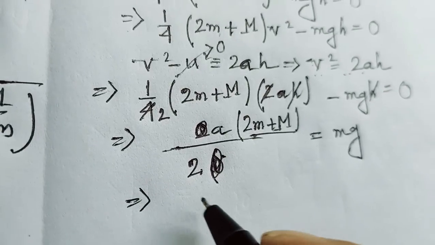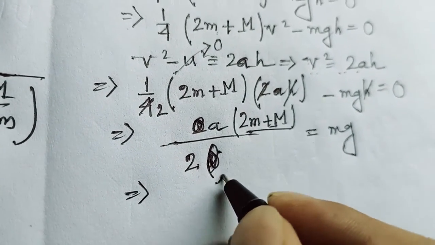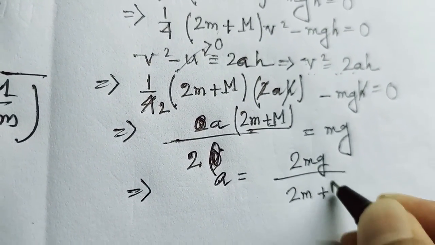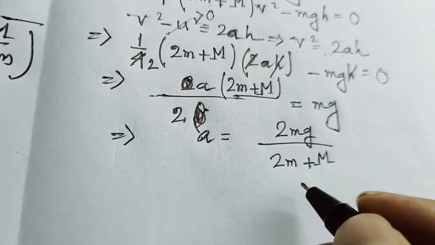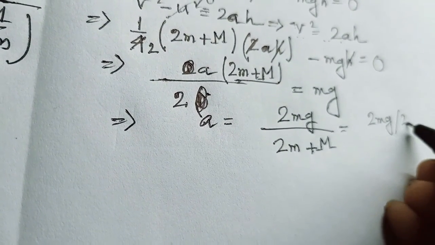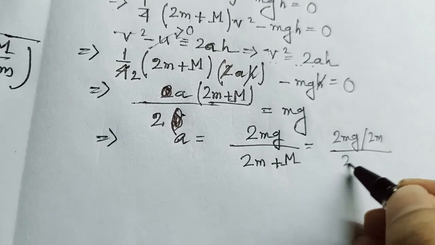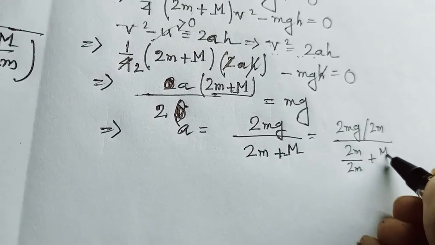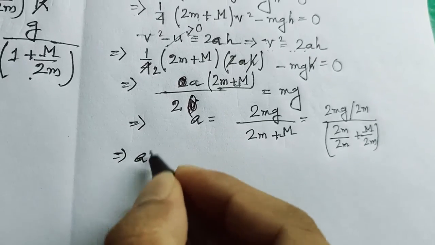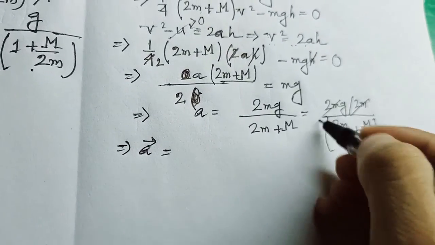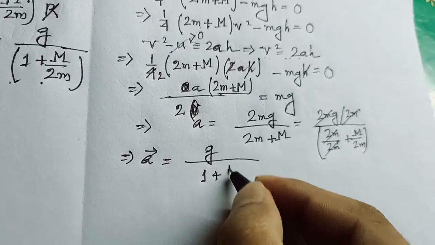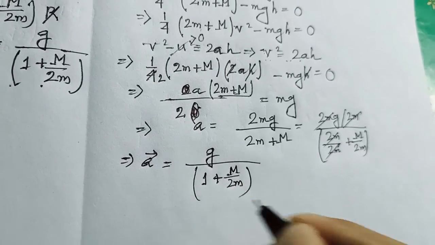If we cross multiply this equation, then we will get a equal to 2mg divided by 2m plus capital M. If we divide numerator and denominator by 2m, then we will get a equal to g divided by 1 plus capital M divided by 2m. So this is our linear acceleration.